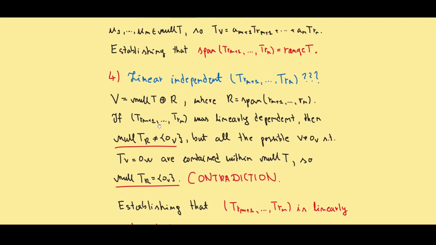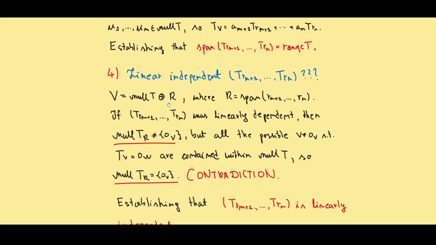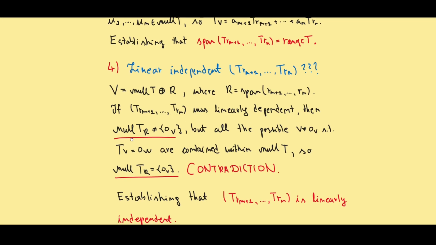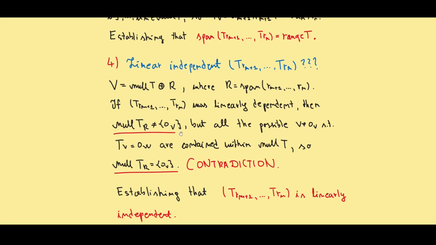So that would mean that if I just look at the null space of my transformation T, and look at what it does to all the elements in R, I know that T already maps all of this to 0, this whole space, due to it being the null space of T. But if these were linearly dependent, then null T restricted to R would have to be different from the zero vector.